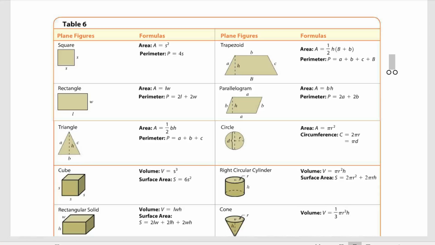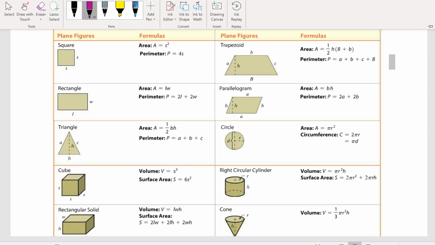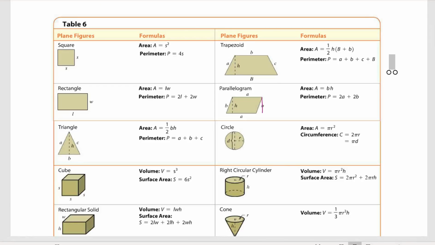Let's look at the parallelogram first. Okay, so here is a parallelogram. Okay? You can see if I cut this piece and tape it here, I actually get a rectangle. Now my length is the base A, and my width is what?